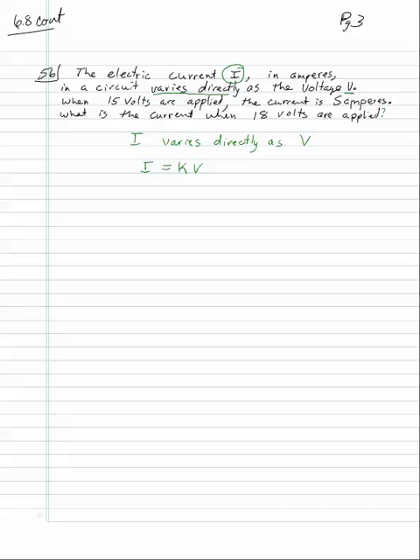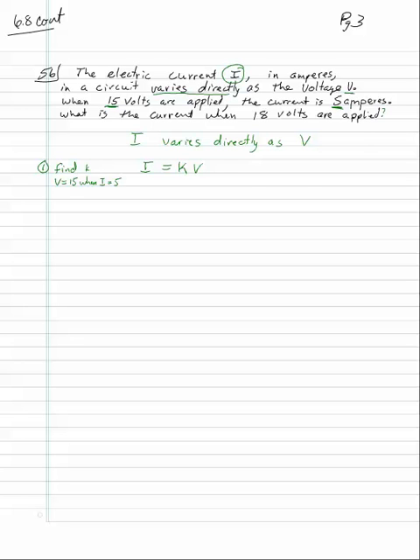Now, for these word problems, there's always going to be two parts. Your first part is what we did in exercises 44 and 48. You've got to figure out k first. So see, they give you 15 volts, that's V, and the amps, which is your I, is 5. So we're going to find k, that's your first part, using V equals 15 when I equals 5.